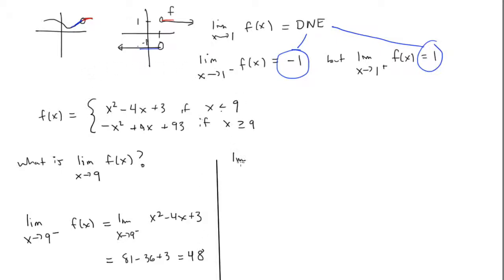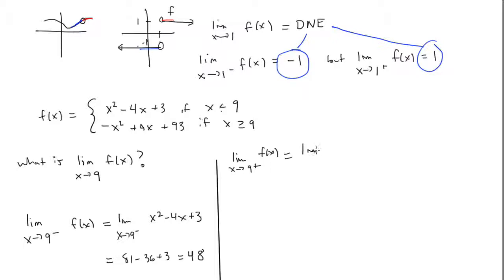Okay, now what about on the other side? If we come at this from the right, then the other line of the function will be in control.